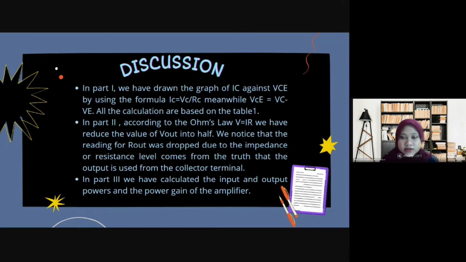For the next part, part 2, according to Ohm's law, V equals IR, we reduced the value of V output to half. We noticed that the reading for the output resistance dropped, due to the impedance or resistance level coming from the fact that the output is taken from the collector terminal. In part 3, we calculated the input and output powers and the power gain of the amplifier.